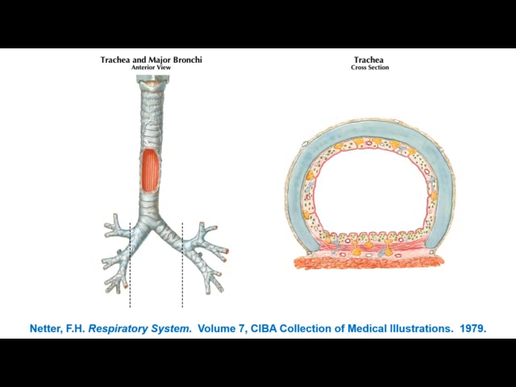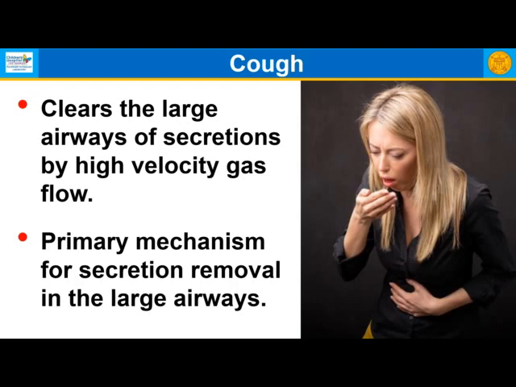So you now have a very high speed exhalation of air that can clear particles from this airway by shear stress. The cough clears large airways of secretions by high velocity gas volume, and this is the primary mechanism for secretion removal in large airways.